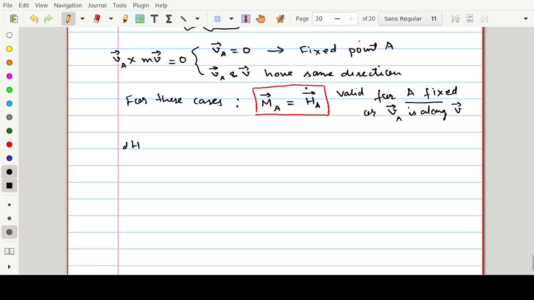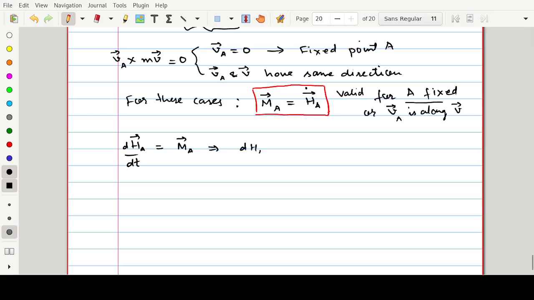All right, so now since we have got this relation, we can integrate this. We can write dHA over dt is equal to MA.